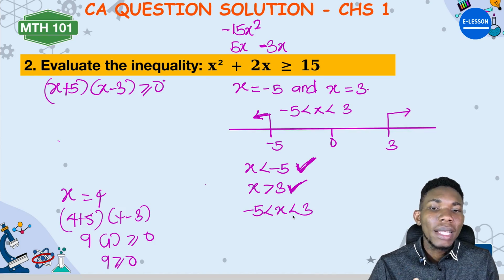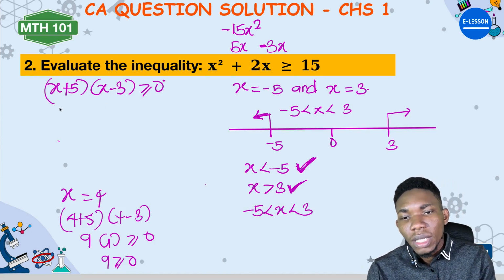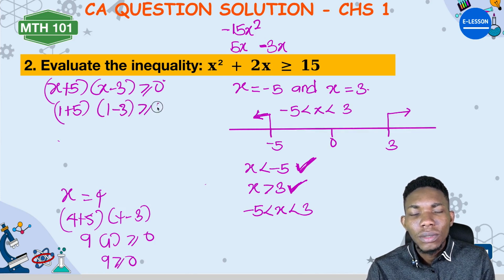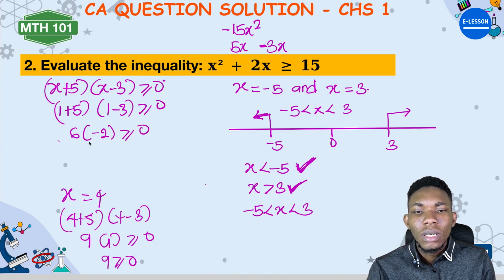Anything less than 3 can be 1, can be 2. So let us put 1 into this equation and see if it will give us a value greater than or equal to 0. So we put 1 here. Here becomes 1 plus 5 bracket 1 minus 3 greater than or equal to 0. Now, 1 plus 5 will give us 6. 1 minus 3 will give us minus 2. At the end of the day, when you simplify this, this is minus 12.